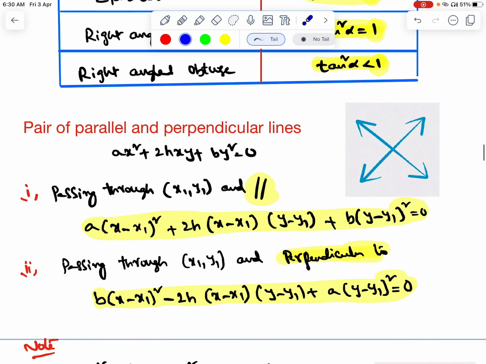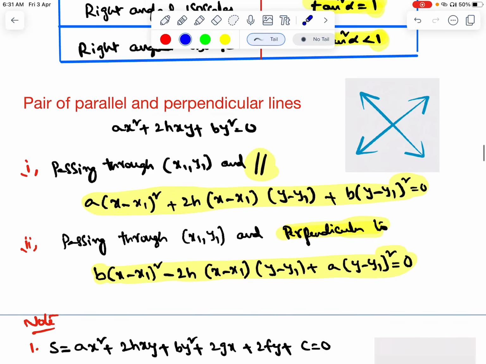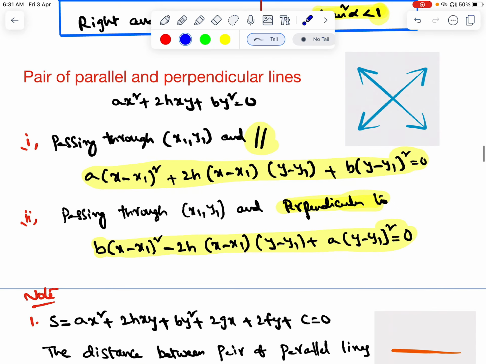Parallel lines: ax² + 2hxy + by² = 0. A pair passing through (x1, y1) and parallel to this one can be written as a(x − x1)² + 2h(x − x1)(y − y1) + b(y − y1)² = 0.